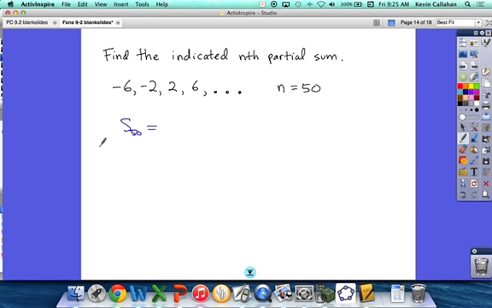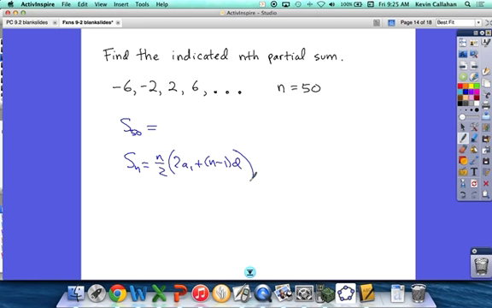Okay, well, if I want to find that, again, looking at the first 4 terms in the sequence, I know the first term, the common difference, the n, but I don't know the last term. So it's probably better if I use this formula, Sn equals n over 2 times 2a1 plus n minus 1 times d.